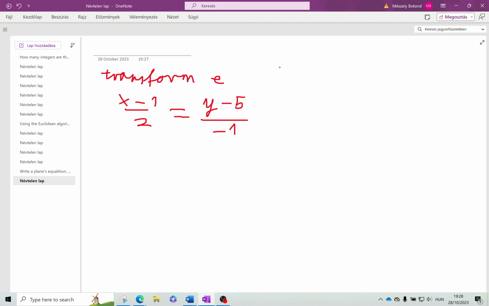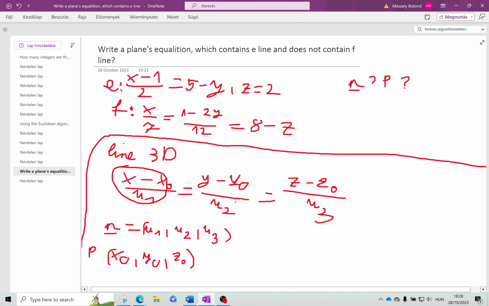Why do we do this? 5 minus y equals minus 1 times y minus 5, and we divide it, so it goes here, and that's why we can do it like that. And this form looks just like this form.